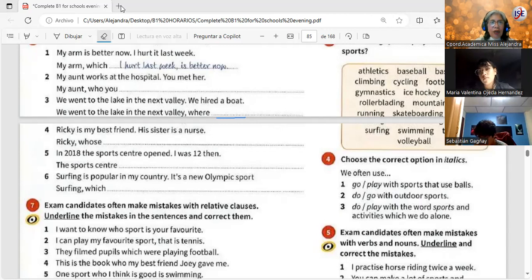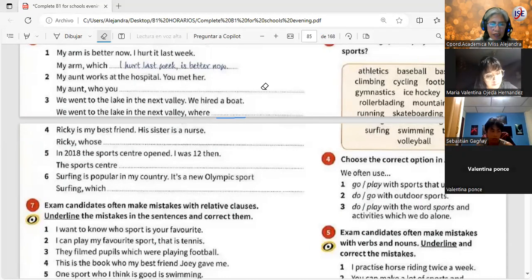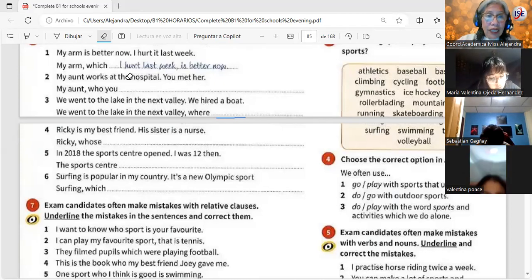Okay. So we're going to combine the two sentences to make one sentence using the relative clauses structure. For example, my aunt works at the hospital. You met her.